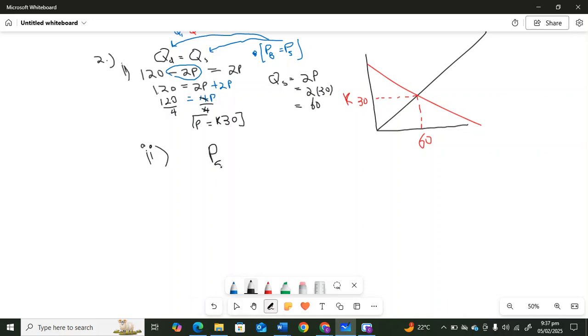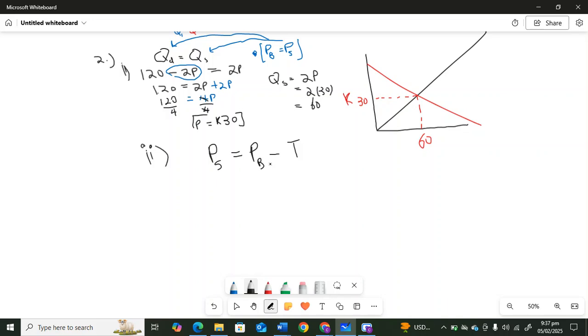So PS, the money the suppliers receive, is equal to the money the buyers pay. Now, since there's a tax included, we're going to say minus T, which is the tax. So what the suppliers receive is what the buyers pay minus the tax. When there was equilibrium, this T wasn't there. It was just PS equals PB. Now a tax has been included.